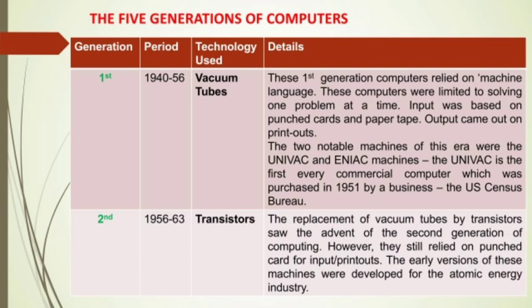Dear friends, the period of first generation computers is between 1940 and 1956. Vacuum tube technology was used in this phase. In the second generation, during the period 1956 to 1963, transistor technology was used in the computer.